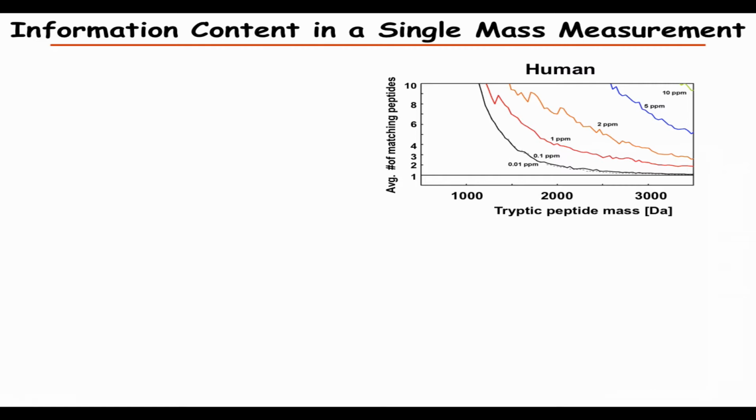But if we take one step back and look at how much information is there in a single mass measurement. So now we're not talking about the fragment spectra, but just the mass of a single peptide. Here we have on the x-axis the tryptic peptide mass in Dalton and the number of matching peptides for different mass accuracies.